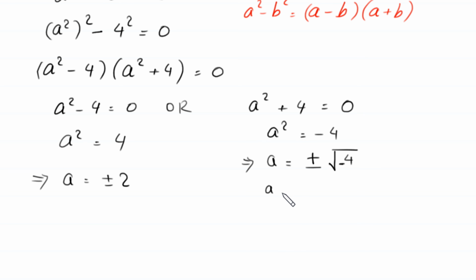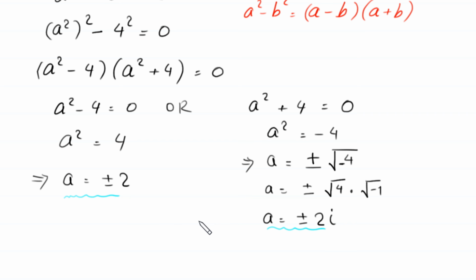Next, a is equal to plus or minus, this square root of negative 4 can be written as square root of 4 times square root of negative 1. Next, a is equal to plus or minus square root of 4 is 2 and square root of negative 1 is i. Now a is equal to plus minus 2 and a is equal to plus minus 2i.